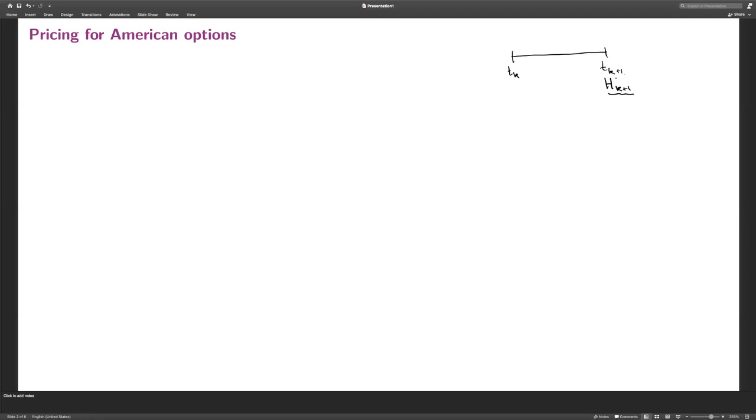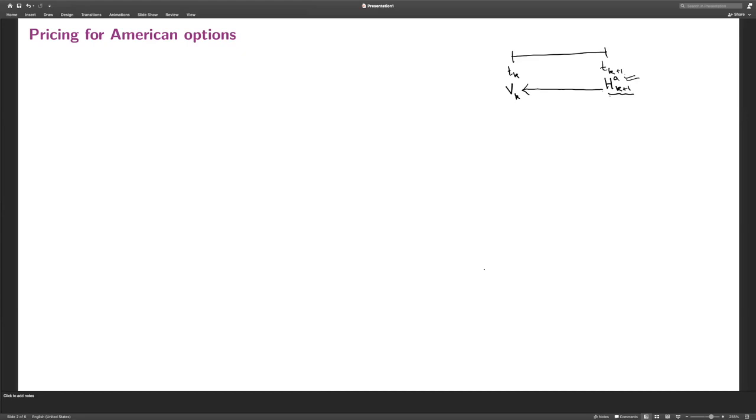Here we will use a little different notation. We use HA_{k+1} for the value of the option at T_{k+1}, just to indicate that it is an American option. Recall that using this, we can obtain the value of the portfolio Π_k, which is denoted by V_k at the time T_k, using the replicative and the self-financing strategies.